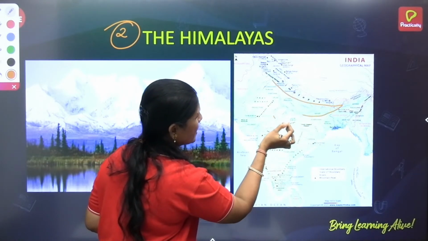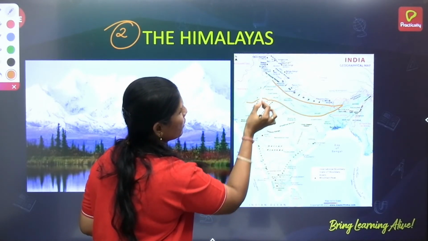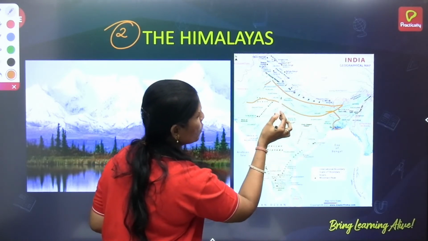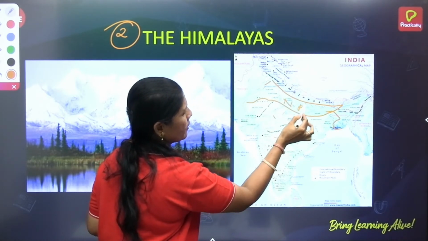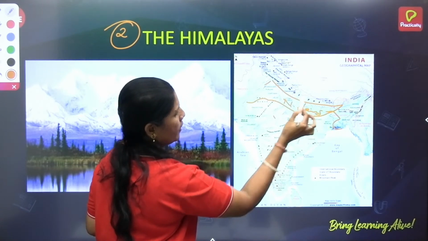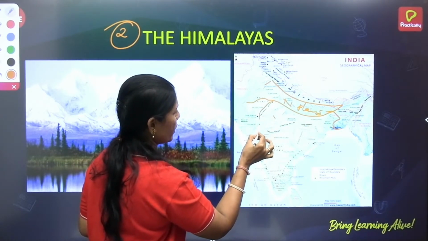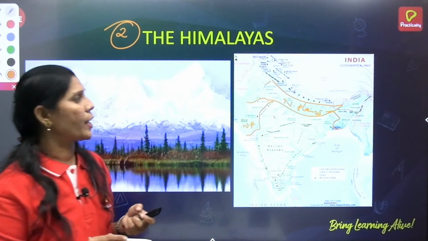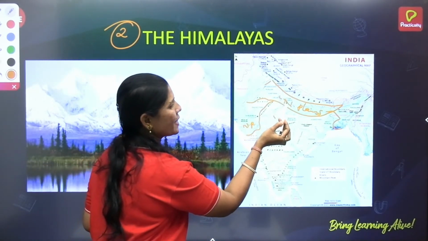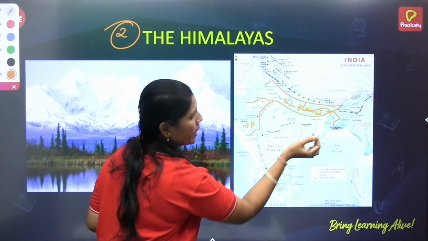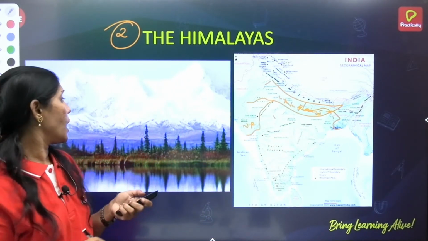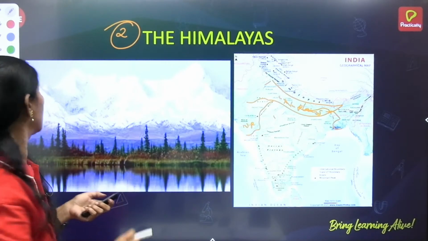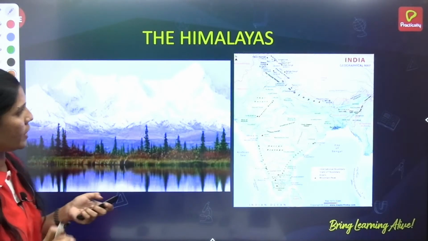We can find it over there, northern plains. Here also we can find a few parts of Gujarat, even northern plains. So these are the plains which are fed by different rivers.